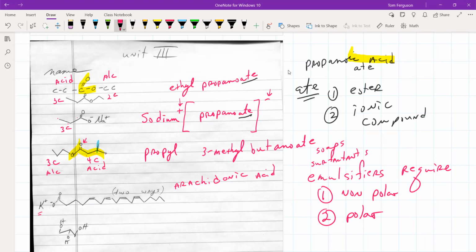The other way. By getting that name, are you just doing that by memory, or is there a way to tell that's the name for that? That's a common name, so that's just memory. Okay, but it's the potassium salt of arachidonic acid too. So what we have drawn here is not going to be named arachidonic salt. We have to put an OATE in it.